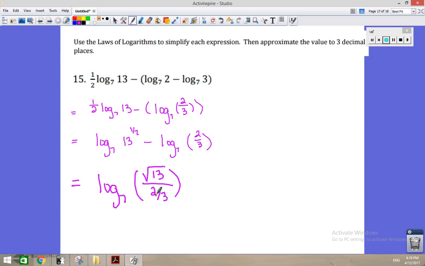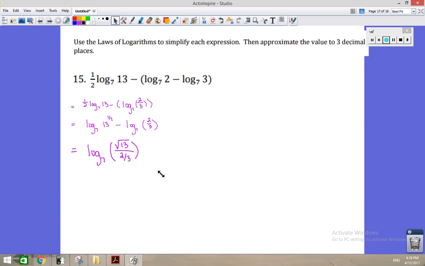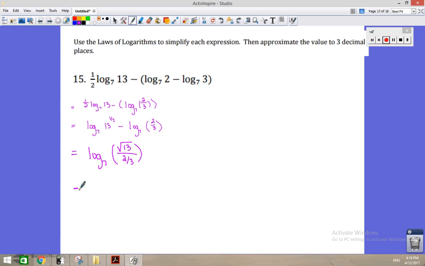Well, most likely they don't want me to leave this as a complex fraction. Well, I don't want you to leave it as a complex fraction. So recognize that to divide by 2/3 is the same as to multiply by the reciprocal. So let's do it over here in case that was too fast. We have the square root of 13.